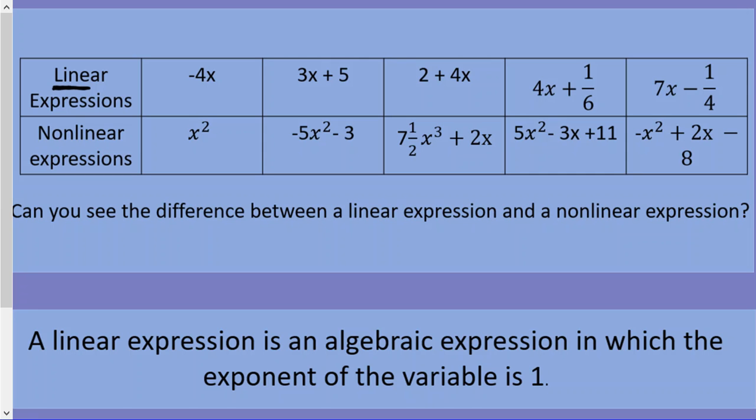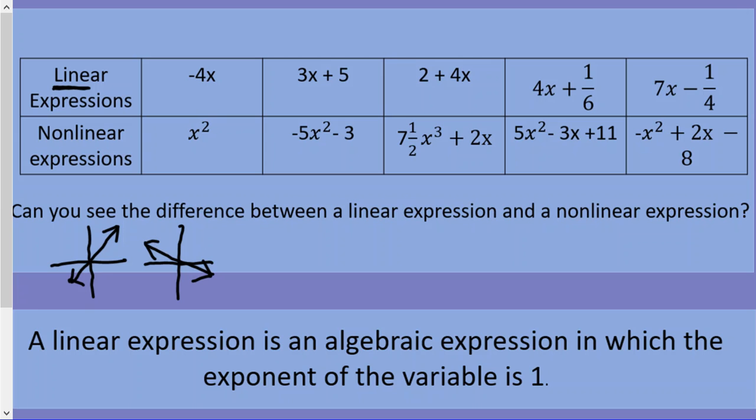Also, it's important to recognize that in linear expressions there's this word linear, or line. When we graph linear expressions, we get a graph that has a straight line. It might look like something like that, or like this.